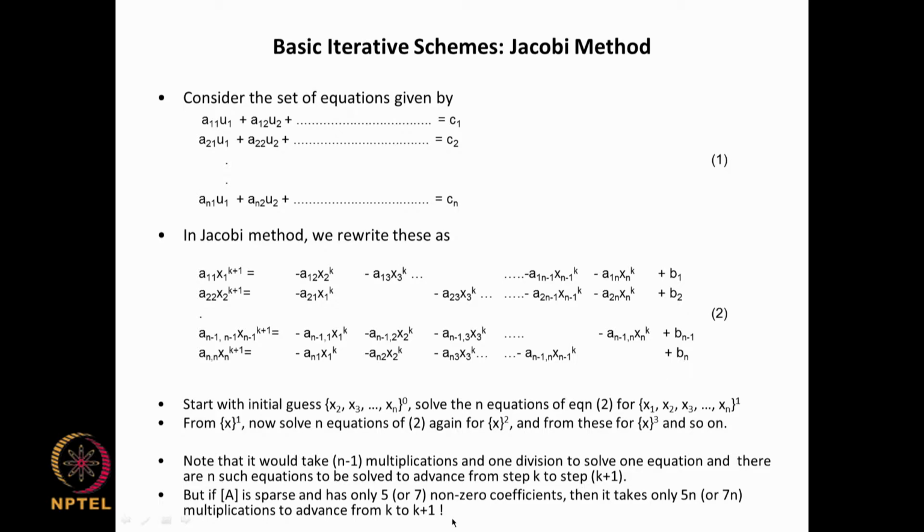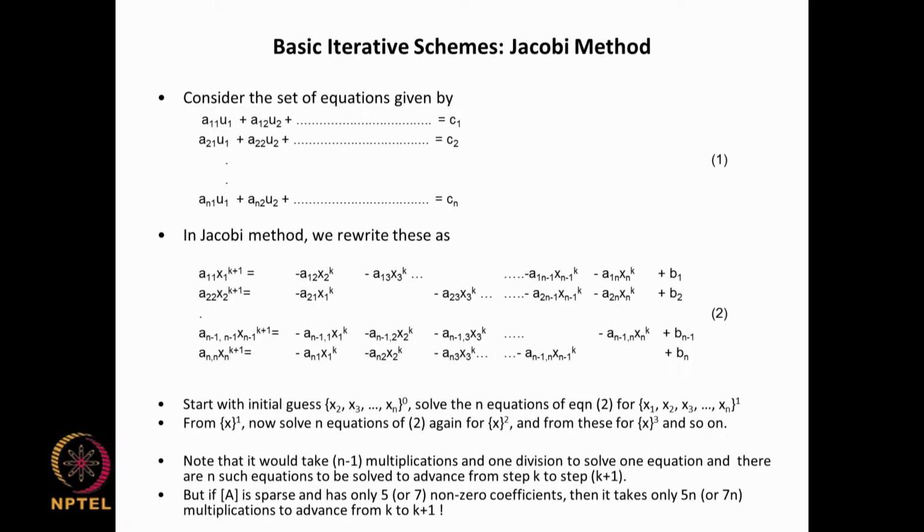Okay. Now what does that mean? If you have 10,000 equations, 10,000 grid points, then if you do for every one of these, in the general case it would take 10,000 square, so that is 10 to the power 8 of multiplications to go from k to k plus 1.